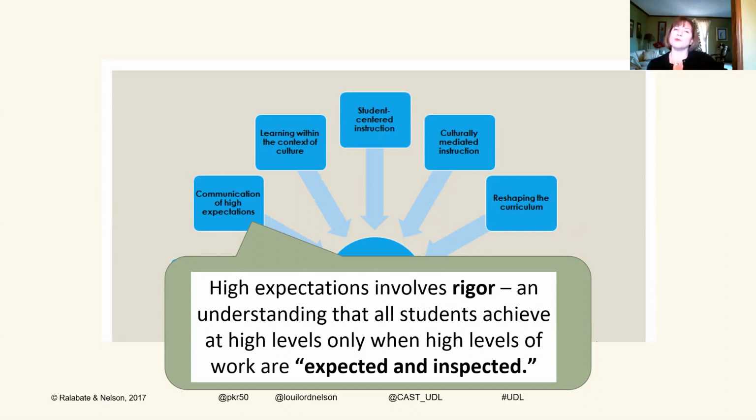We want them to be able to move from skill building, so individual skills, to building and understanding larger processes and how they might move through a situation using those processes that they've investigated and created in their own heads. And then finally, we want them to apply new meaning to real life situations or real world context, something complex. So when we look at these pieces of rigor, this is what we're expecting to have in our environments, and we need to have these in our culturally responsive environments.